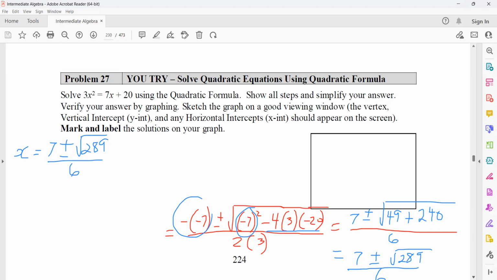Okay? All right. And then the square root of 289, we know that it's 17. So we have 7 plus or minus 17 over 6.